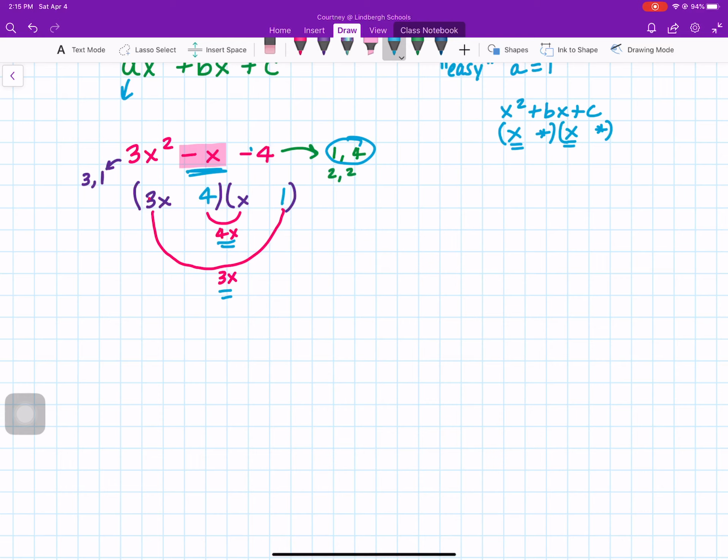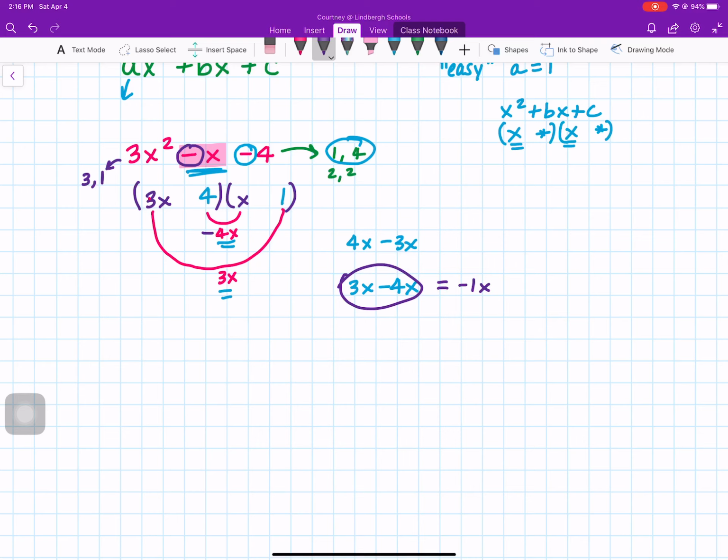Now backtrack and make sure, since this 4 is a negative 4, you want one number positive and one number negative. So you have to decide, should you do 4x minus 3x, or should you do 3x minus 4x to figure out which number is actually negative? In this case, since I'm shooting for a negative x, I want to do 3 minus 4.